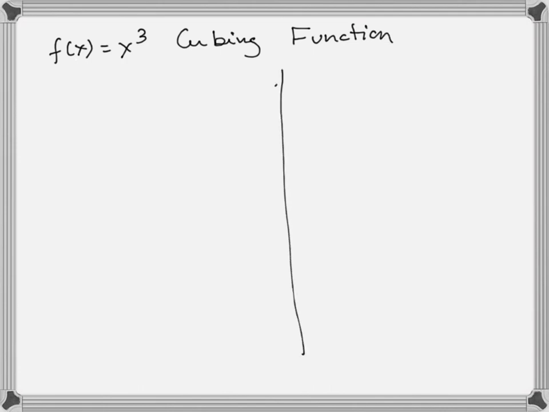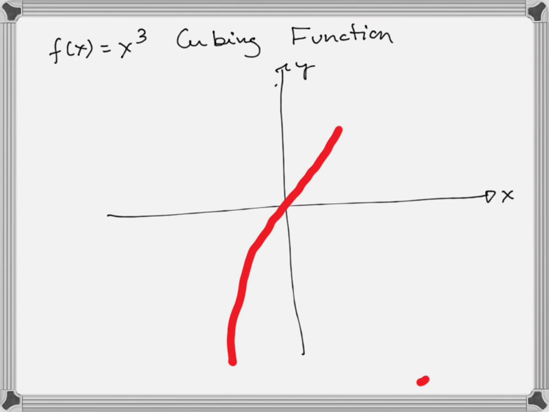The cube function is the inverse, which is 2.9, is the inverse of a cube root. Now, the domain of a cube function is also negative infinity to infinity, and so is the range.